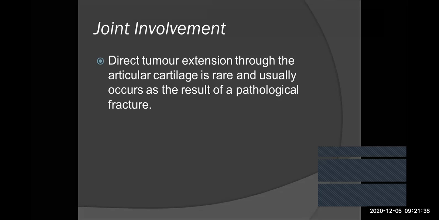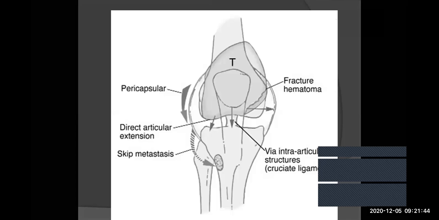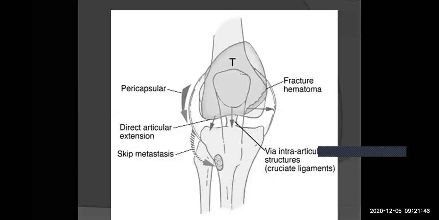The risk factor for it is fracture. Unfortunately, most of it is iatrogenic. It is very rare for the tumor to extend inside the joint. If this happens, it could be due to pathological fracture or iatrogenic causes. The most common cause is iatrogenic.